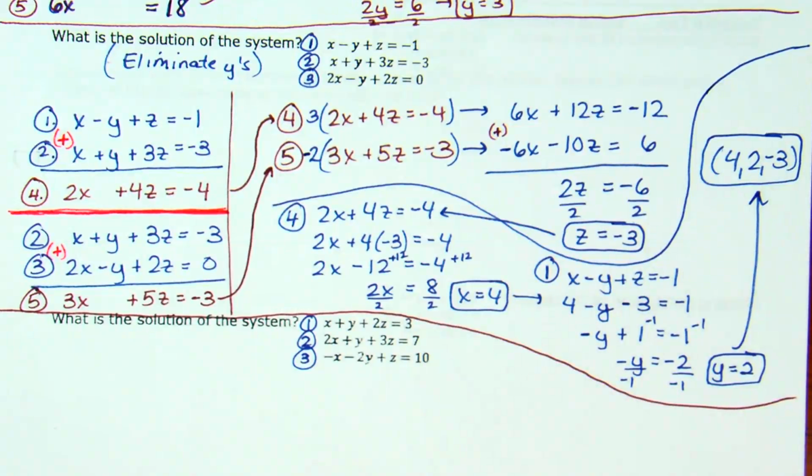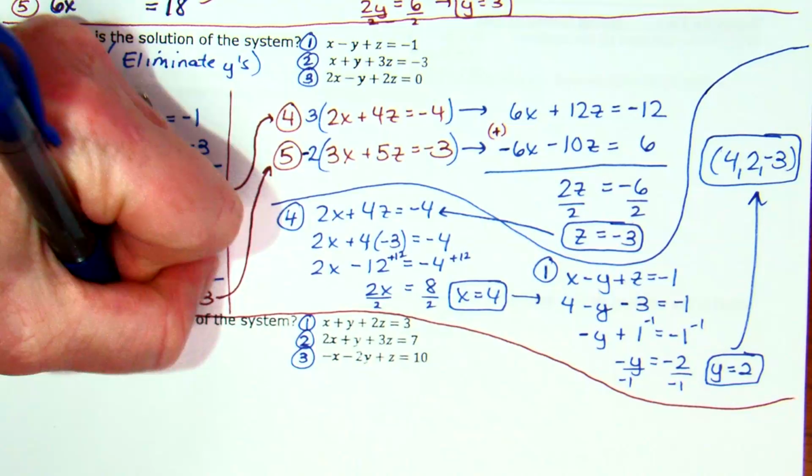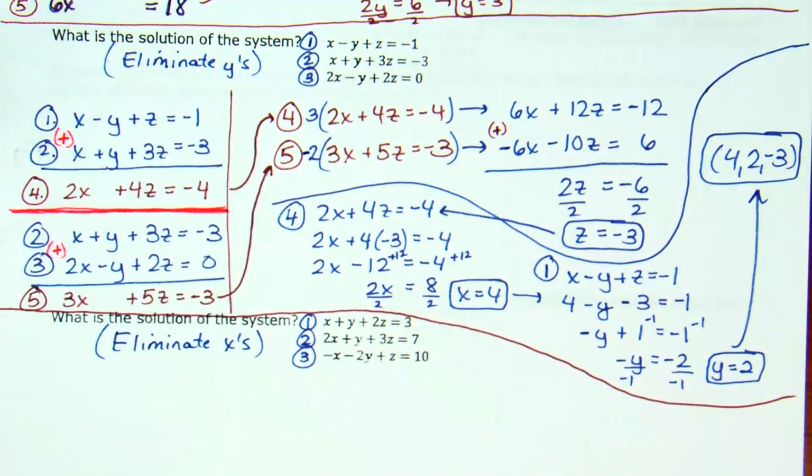If someone else said y's, that would be a good direction as well. Z's would work. But we're going to get started with x's. We haven't got rid of those yet. That was my other reasoning, just to prove that you can use any variable you want. Okay, we're going to eliminate x's.